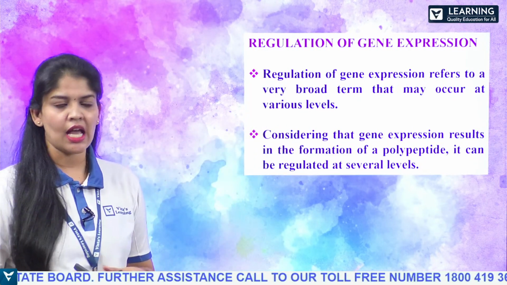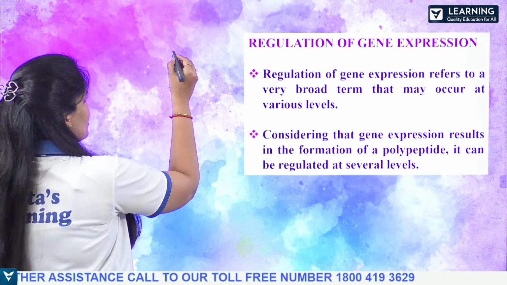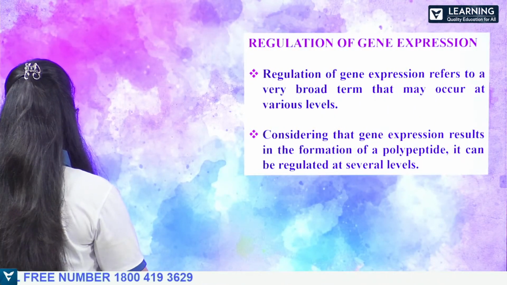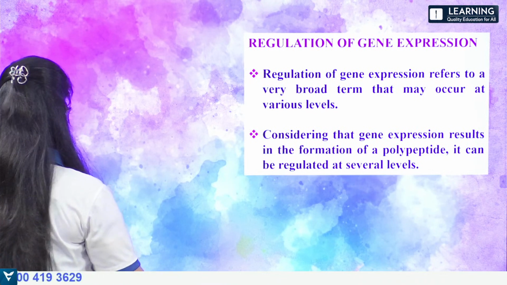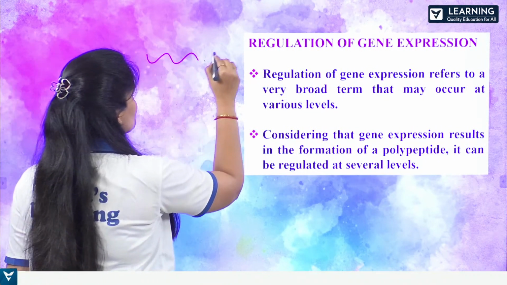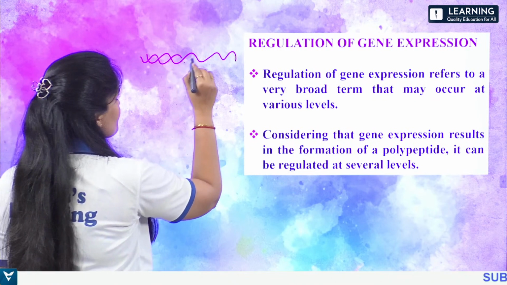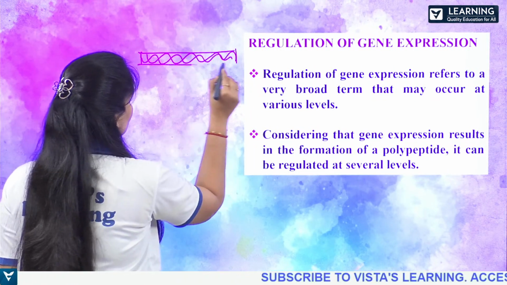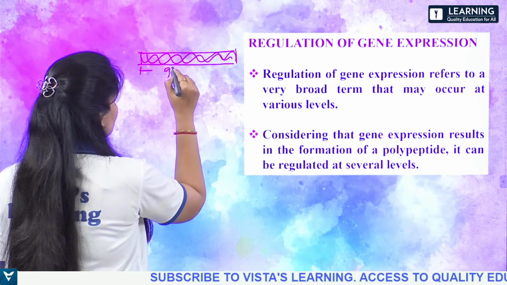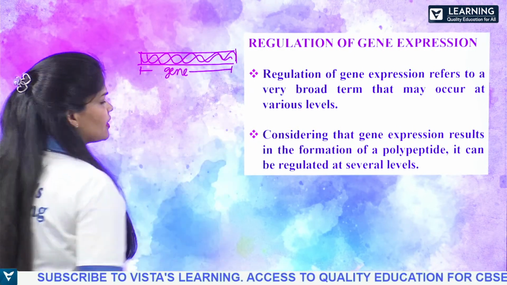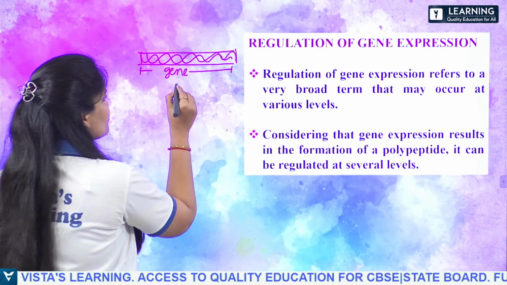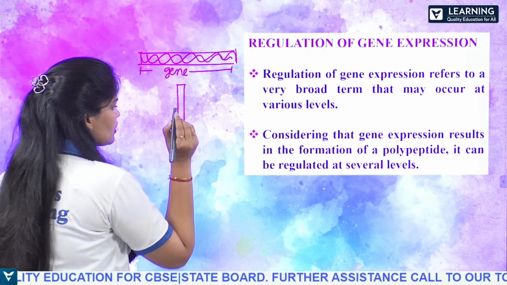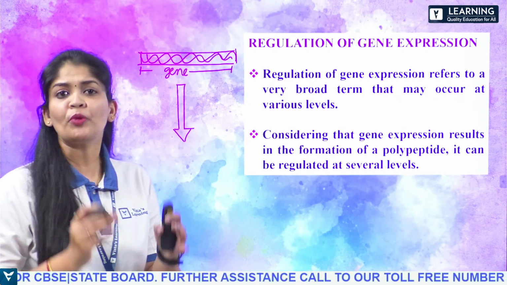A gene, if you consider, is present in a cell. A gene is a sequence of DNA, and this sequence of DNA expresses, which leads to the formation of proteins.